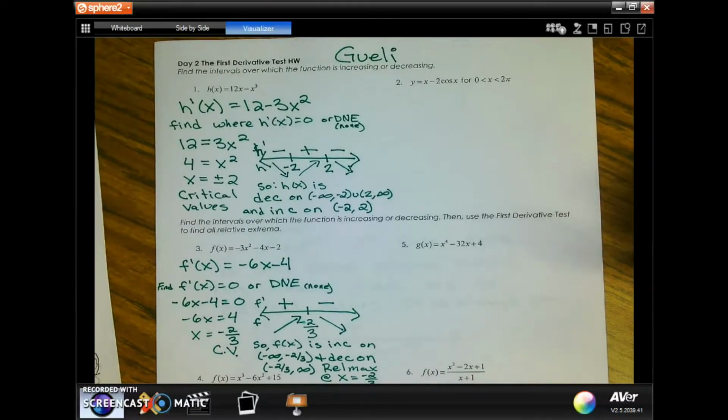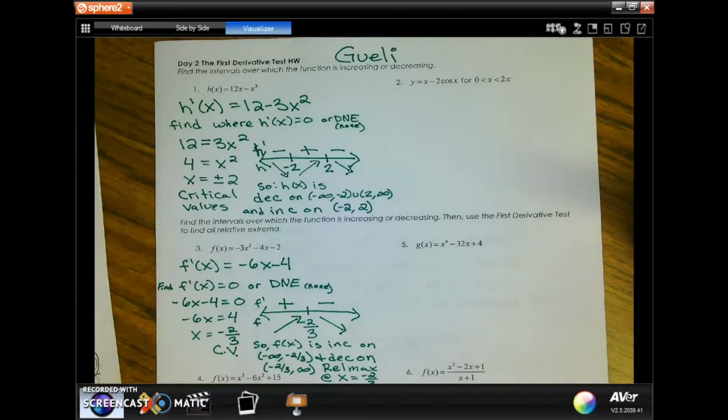Okay. So remember, with our first derivative test, you can talk about over what intervals the original function is increasing or decreasing based on the first derivative. Our goal here is to take the derivative, then find where the derivative equals 0 or does not exist, and those give us our critical values.